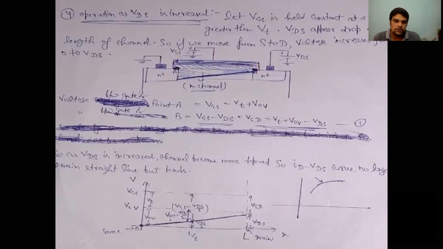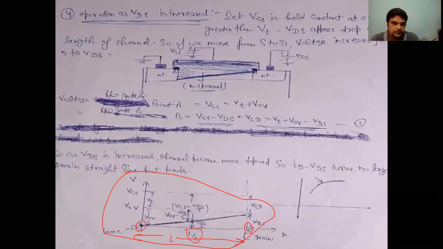As you can easily see for this case also, this is the source, this is the drain point, and this is the complete length of the channel. The midpoint of this is L by 2. Now let us consider this voltage is VGS, so this is the line VGS.